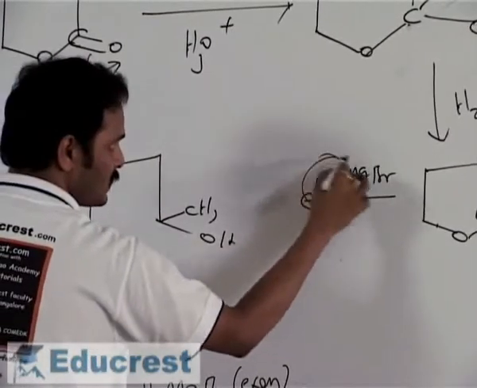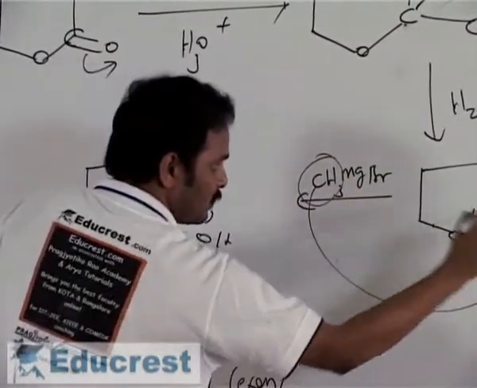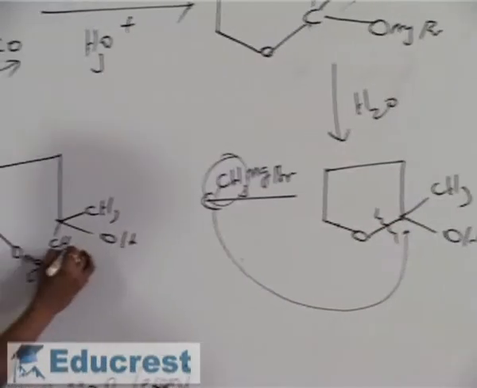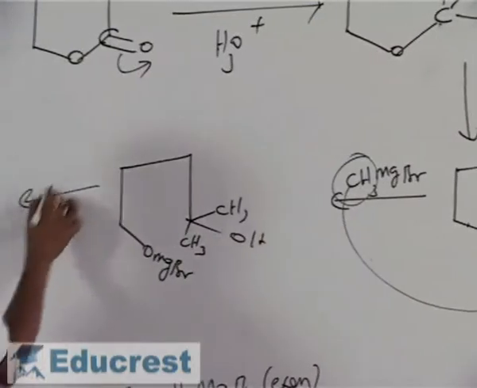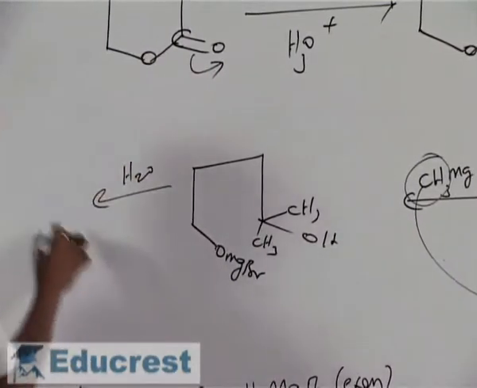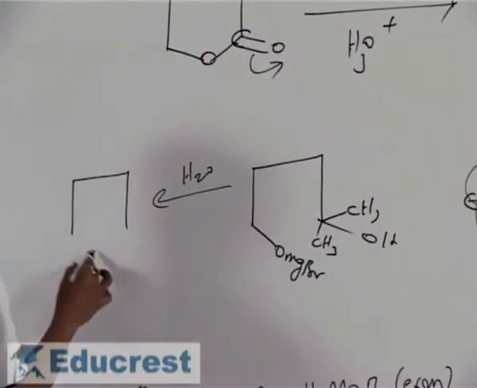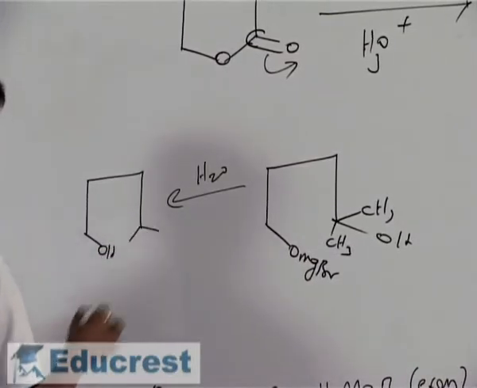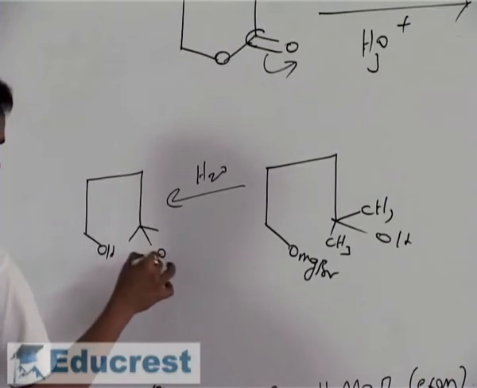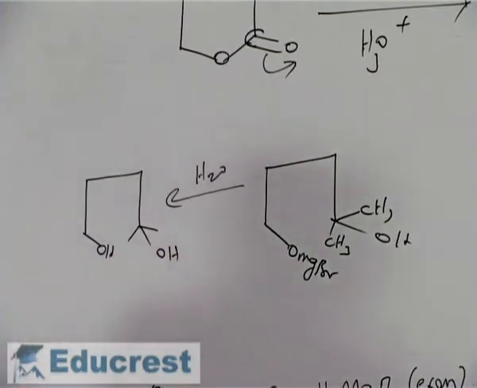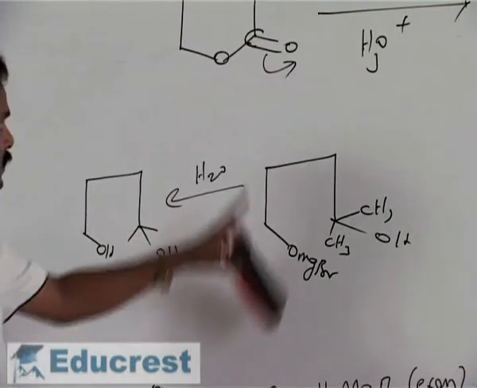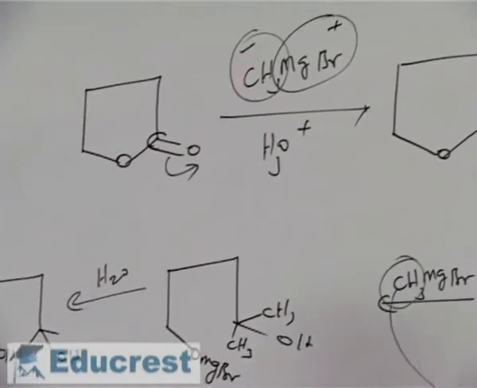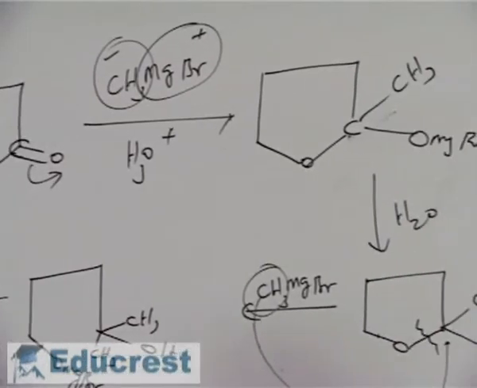Now this CH3 group is substituted here, and it gives rise to, now on hydrolysis, the final product OH, CH3 OH. Now this is the final compound. So both carbonyl compounds as well as ethers undergo cleavage and give rise to this compound.